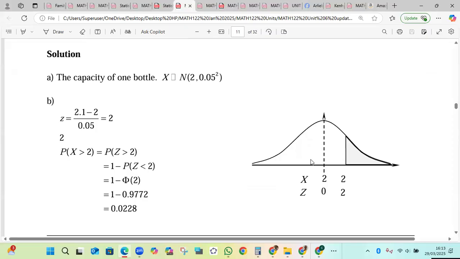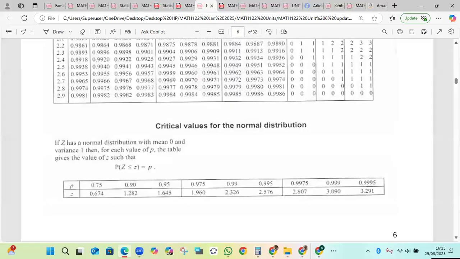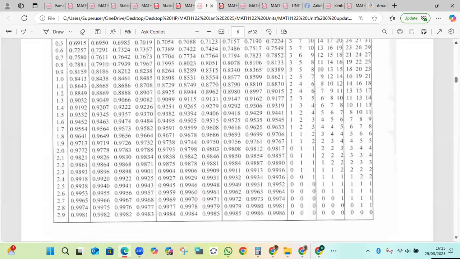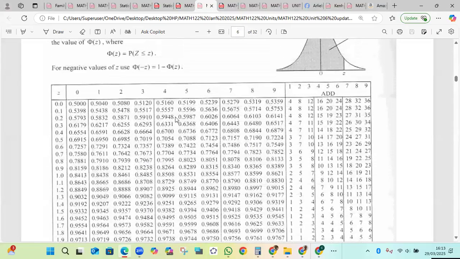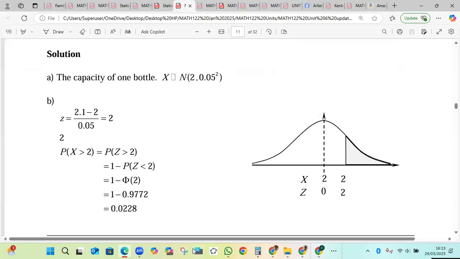Now, the table is only calibrated for phi of positive z's. So this table only gives you a big chunk. If you want a tail, you find the big chunk and you subtract it from 1 to get the tail that you want. That is why, in the working, phi of 2 was found.